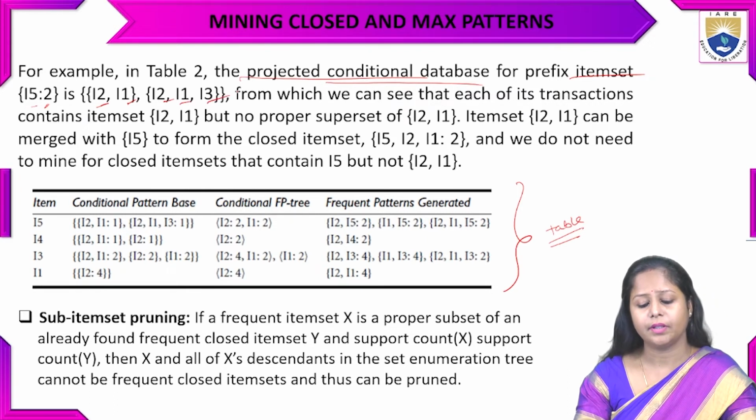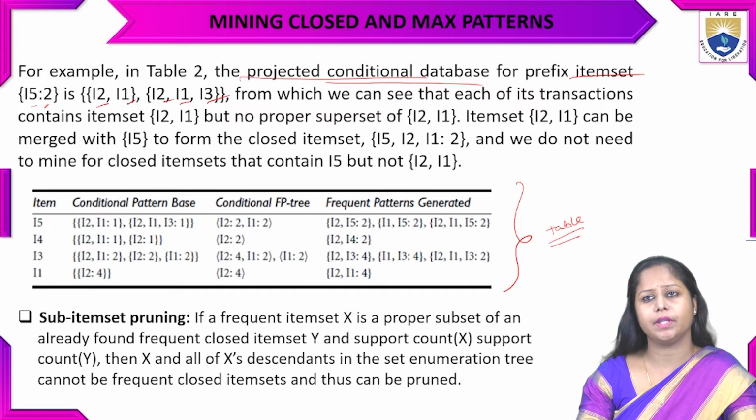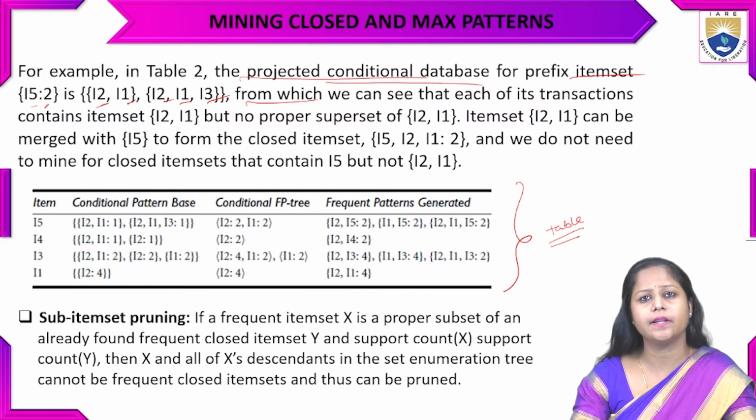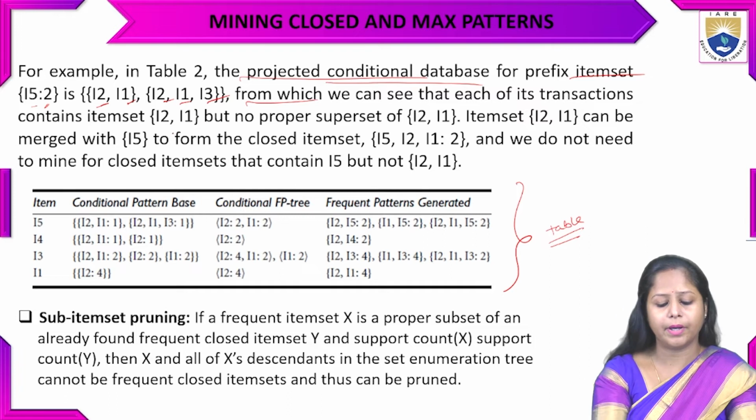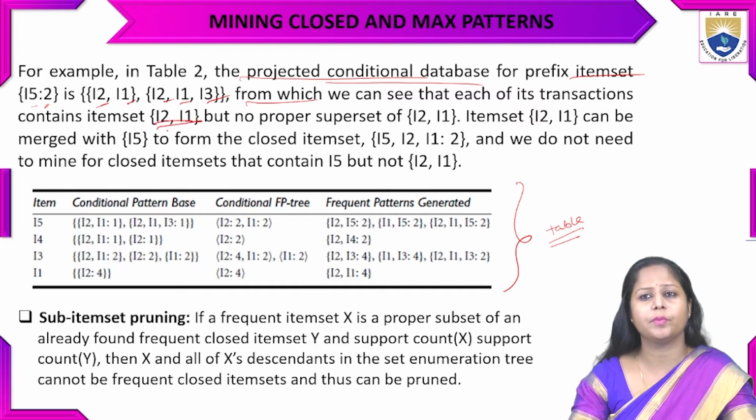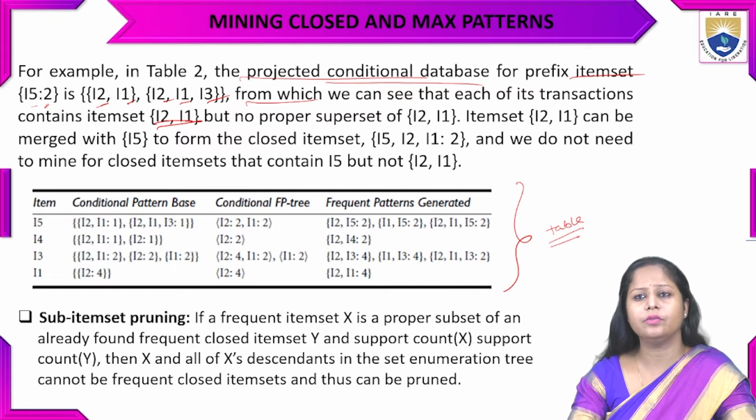That we found as a conditional database, for which we can see that each of its transactions contains item set I2, I1, but no proper superset of I2, I1.